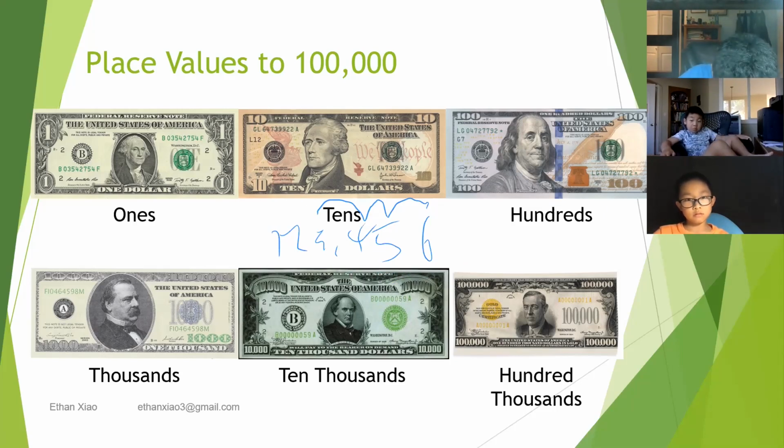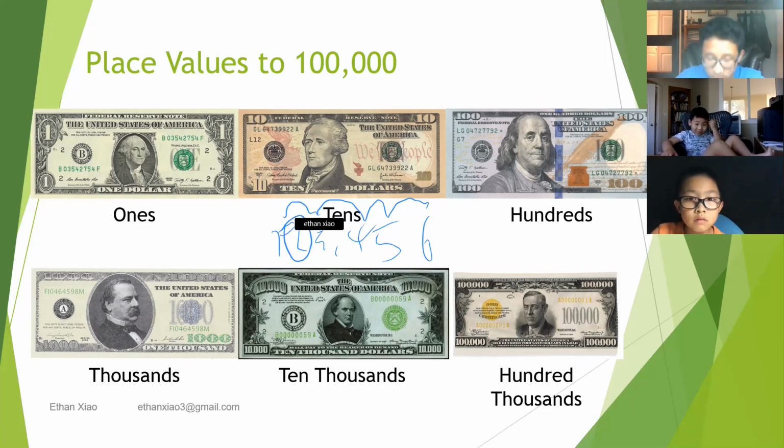It's 4 spaces left, which is 2. And finally, you have the hundred thousands, which is the biggest value of digits, and it's the 1 here. The more left of the ones digit a number is, the higher its value. You can use that to help you solve problems.